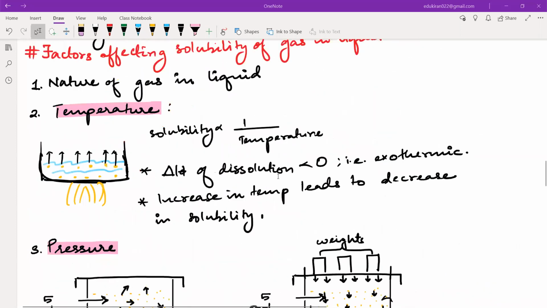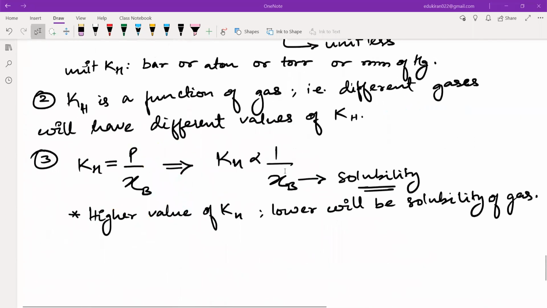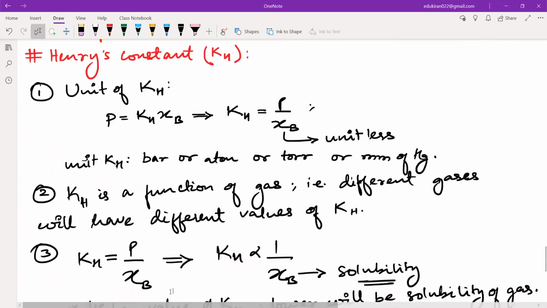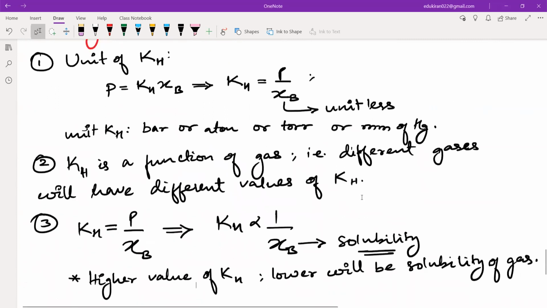So solubility decreases with increase in temperature. That is the reason. Point 1, the unit. You haven't written it. Come on, write quickly, all of you.